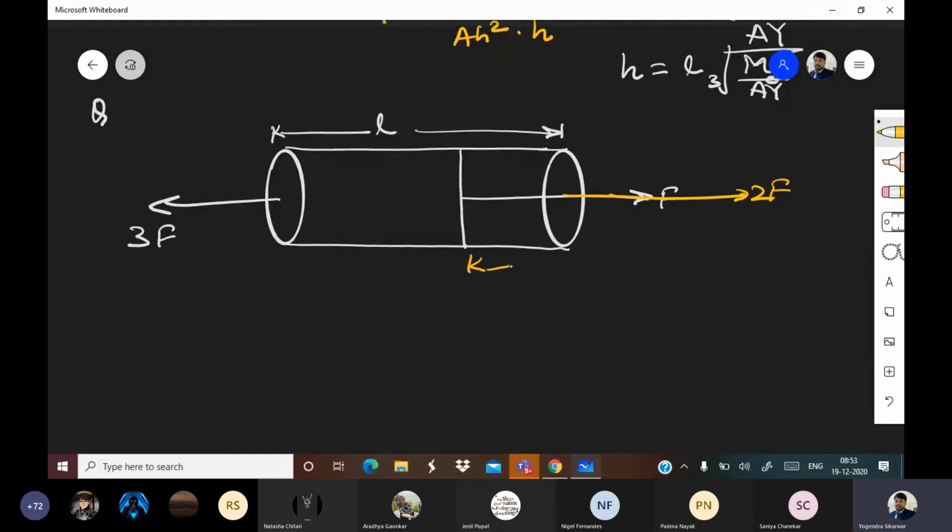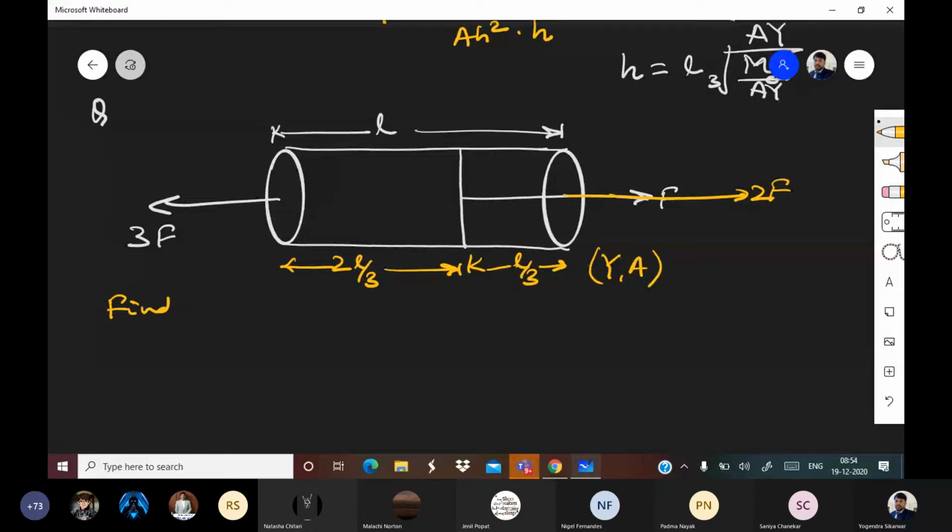This length is L by 3. This length is 2L by 3. Young's modulus is Y and area is A. Question is: find elongation in the cylinder.